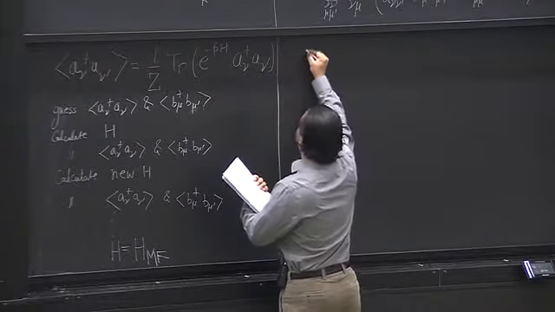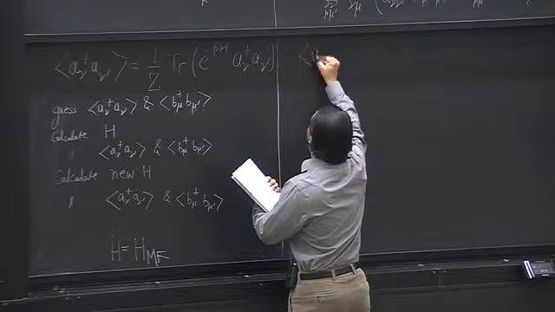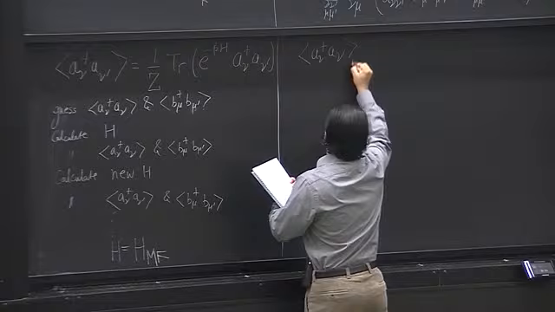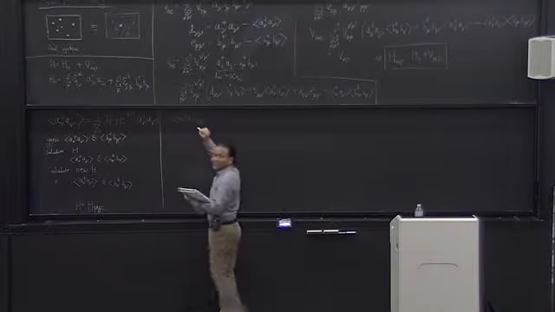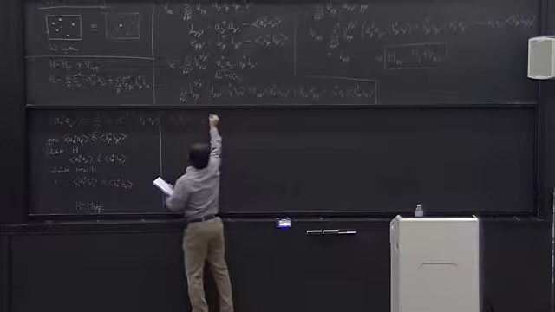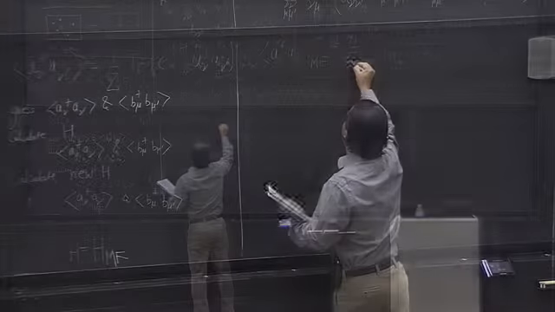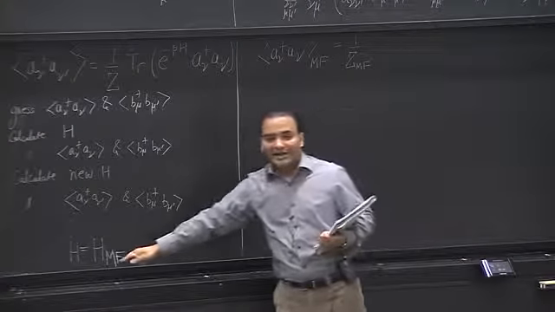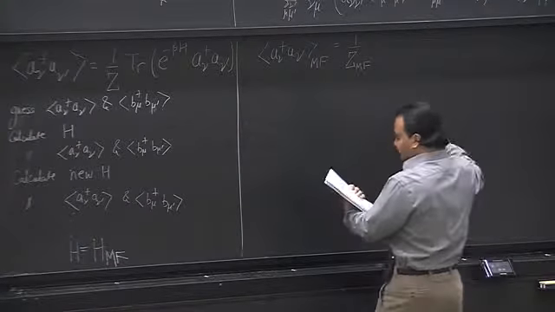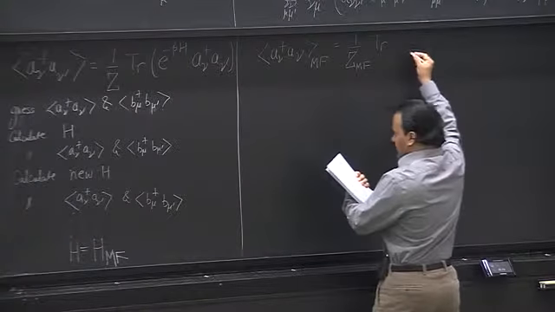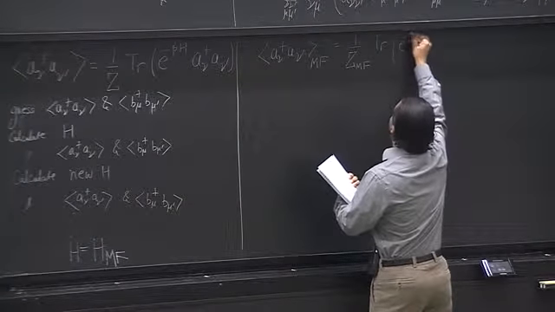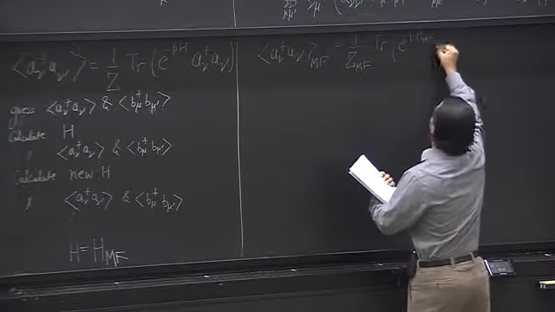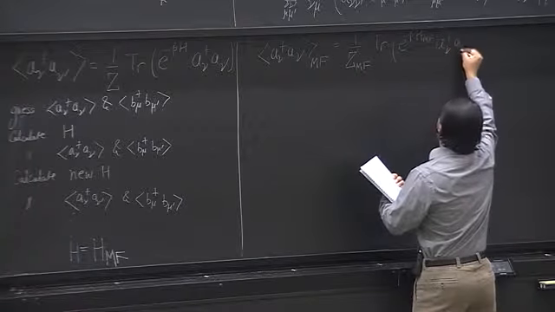So what that really means is the expectation value of a nu dagger, a nu prime, for example, in the mean field Hamiltonian is going to be 1 over the partition function, which I also label mean field because it is e to the power minus beta H mean field, and trace e to the power minus beta H mean field, a nu dagger, a nu prime.